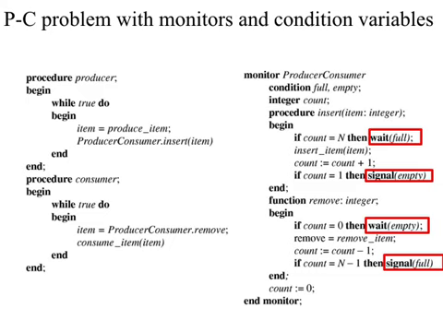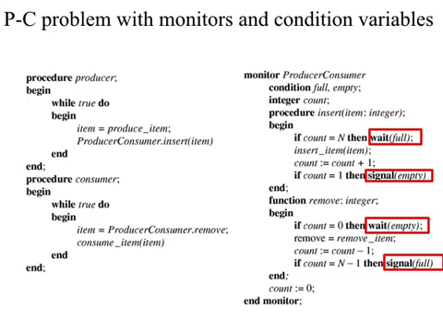In the insert routine, you first check if that count is equal to n, which means if the buffer is already full. At that point, the producer has to wait, so it calls the wait operation on the condition variable full. So essentially the producer has to wait till there's at least one free slot.